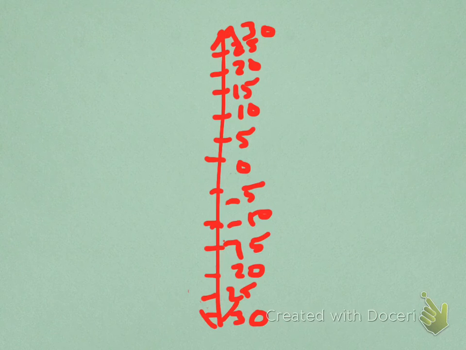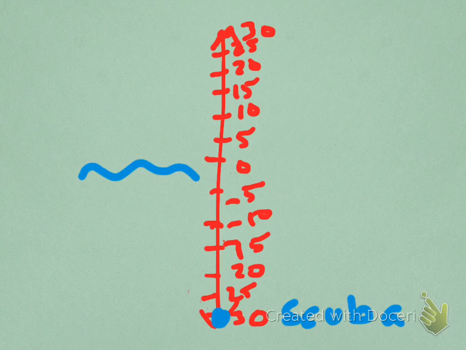So on your number line, go ahead and locate: if I told you the scuba diver is 30 feet below sea level, you could pause and put your answer. And if you plotted 30 here for the scuba diver, below sea level, you're correct. It would be in the negatives, because below sea level would be in the negatives.